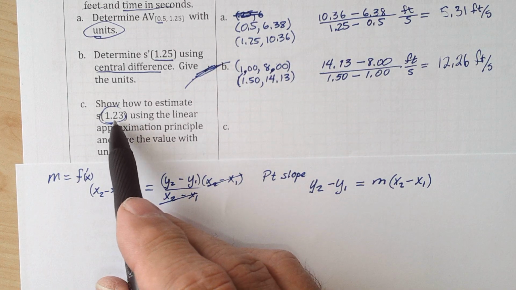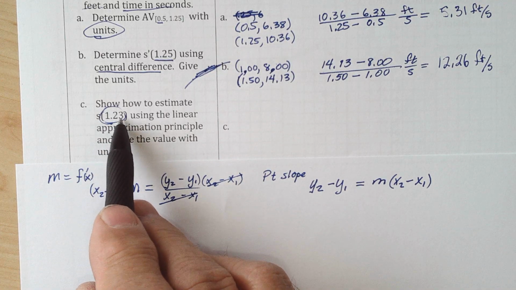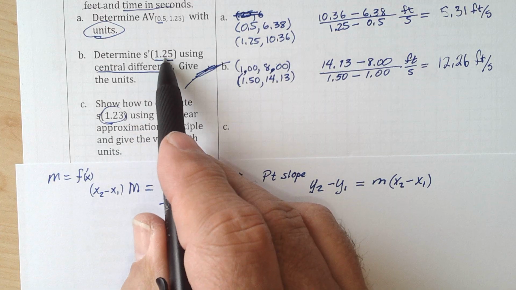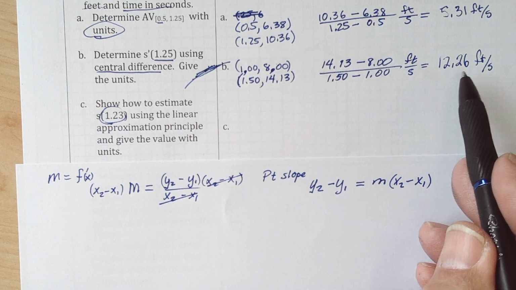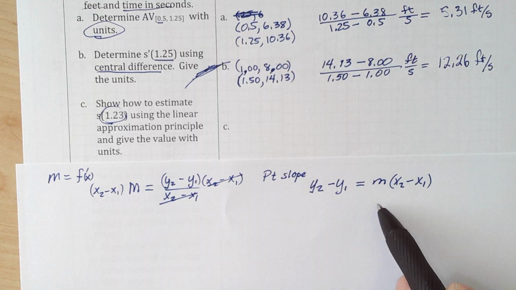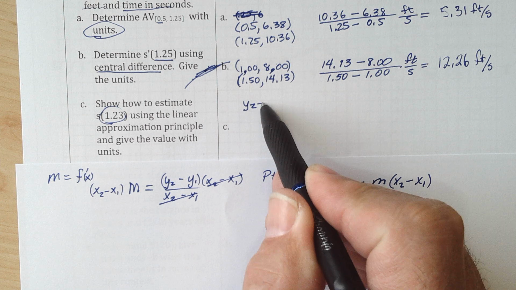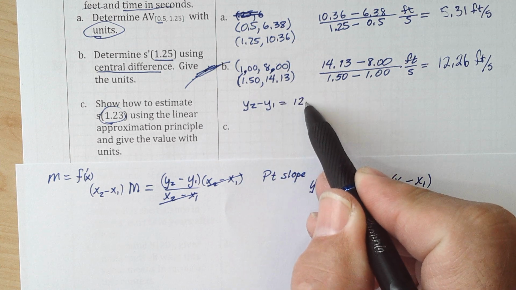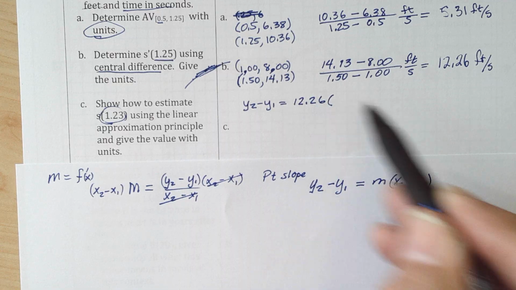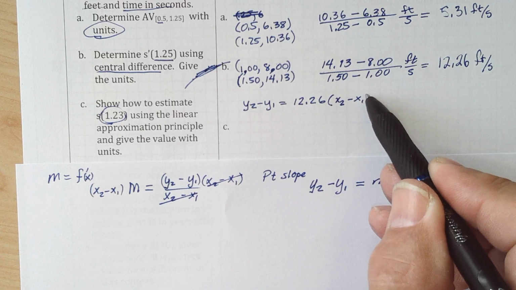All right, so we want to find it near 1.23. We know that the slope near 1.23 is 12.26. So we're going to put in this equation y2 minus y1 equals 12.26 times x2 minus x1.